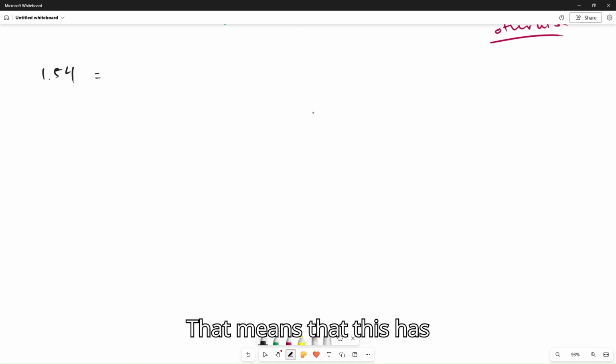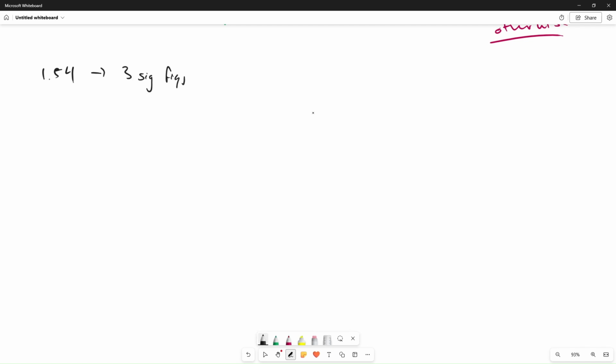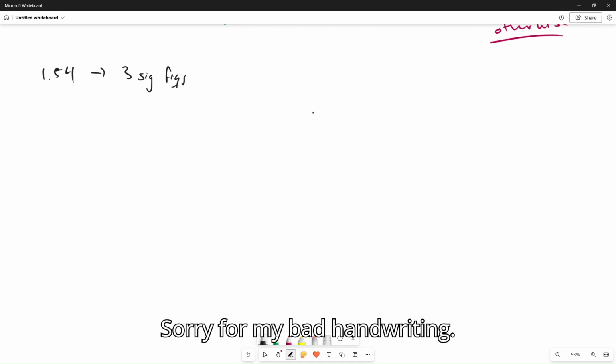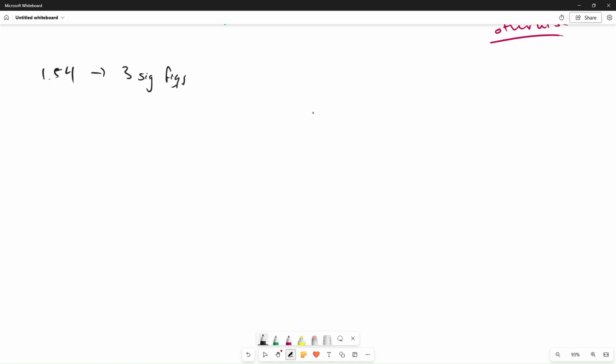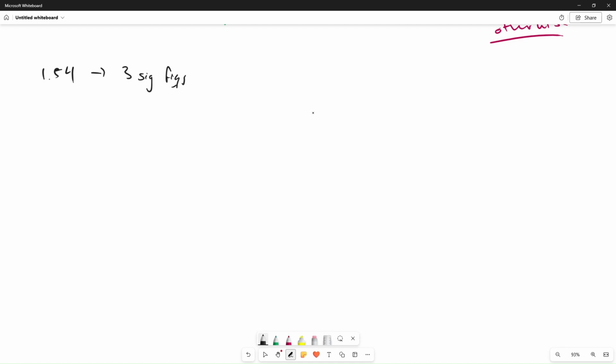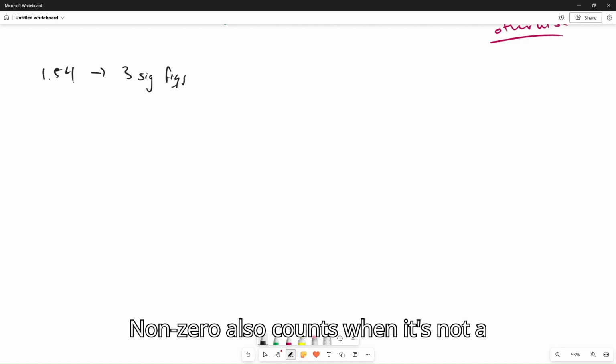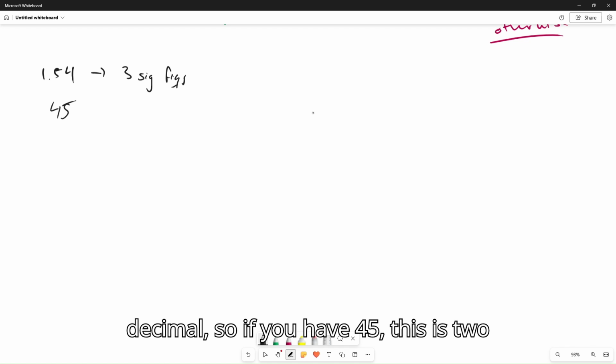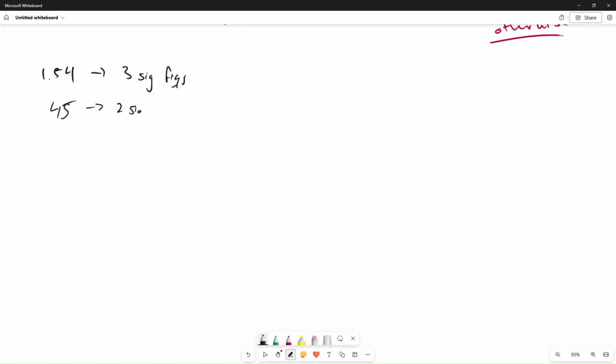That means that this has 3 significant figures. Sorry for my bad handwriting. I'll give you another example. Non-zero also counts when it's not a decimal. So if you have 45, this is 2 sig figs.